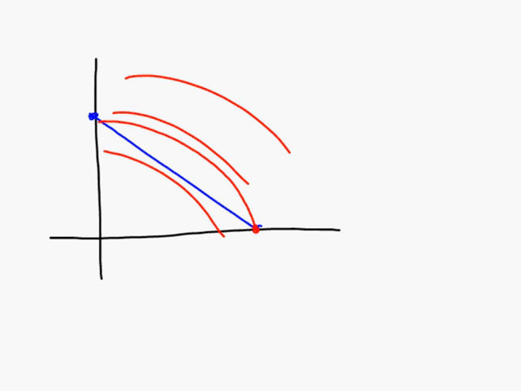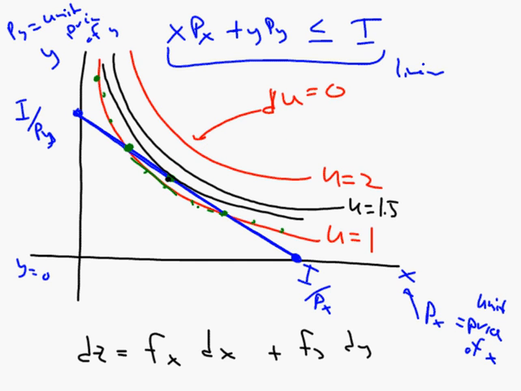Because that's getting me to the highest level of utility. And in the picture that I've drawn, the way utility curves are, you can see they're convex with respect to the origin, or they were concave up in the xy plane. I'm looking for the point of tangency, or the point where the following happens. The slope of the budget constraint equals the slope of the utility curve. So that's what you're looking for.